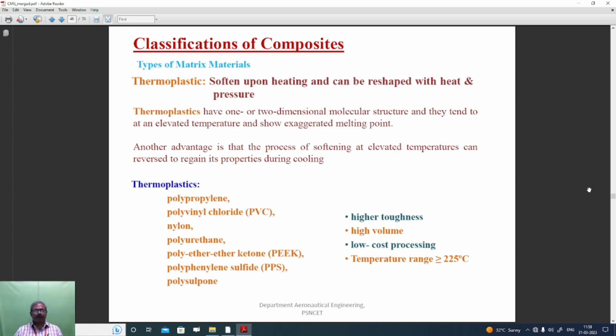Examples of thermoplastics are polypropylene, PVC (polyvinyl chloride), nylon, polyurethane, polyether ether ketone, that is called PEEK, polyphenylene sulfide, PPS, and polysulfone. The thermoplastics have highest toughness, high volume, low cost processing, and temperature ranges greater than 225 degrees centigrade.